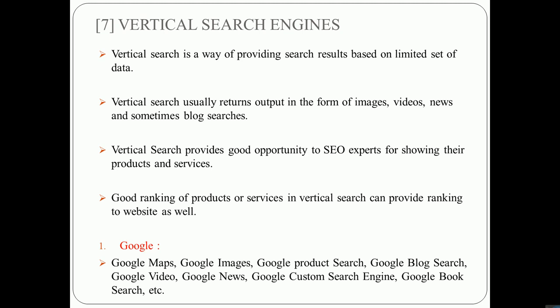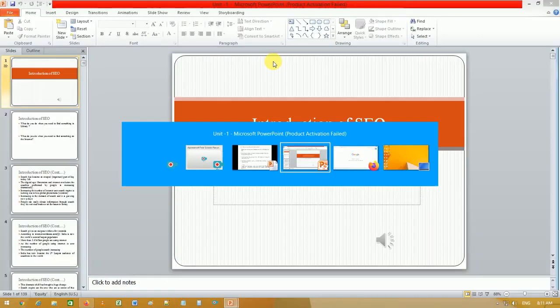Whenever the user requires a map, they directly see the map. If a user requires images, they directly search the image. If they require a video, they directly view the videos. So here we will see an example.